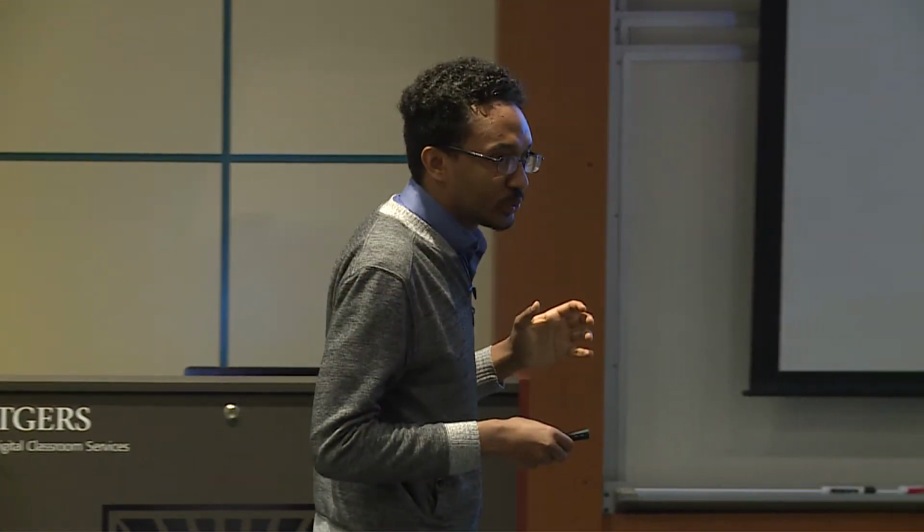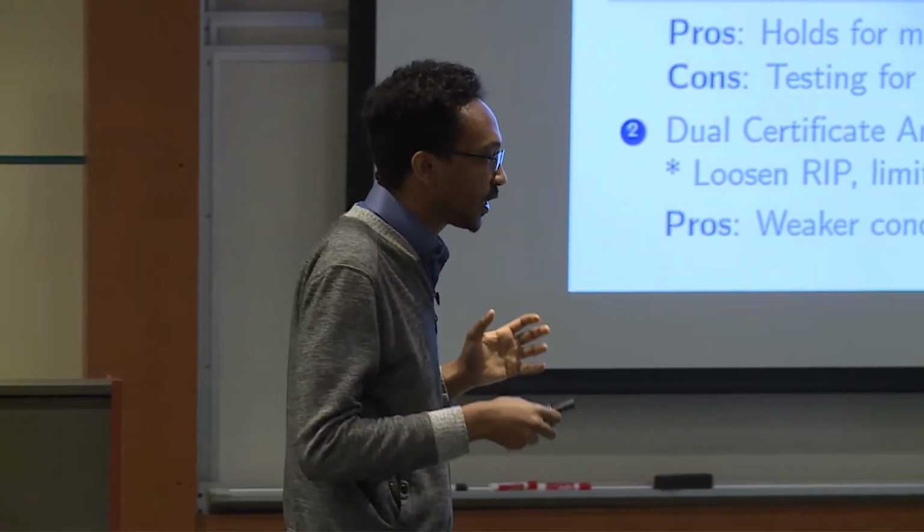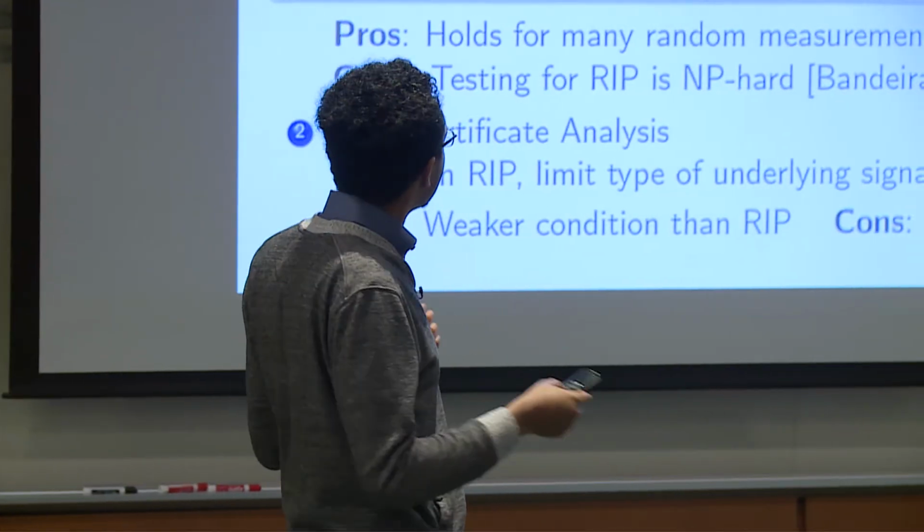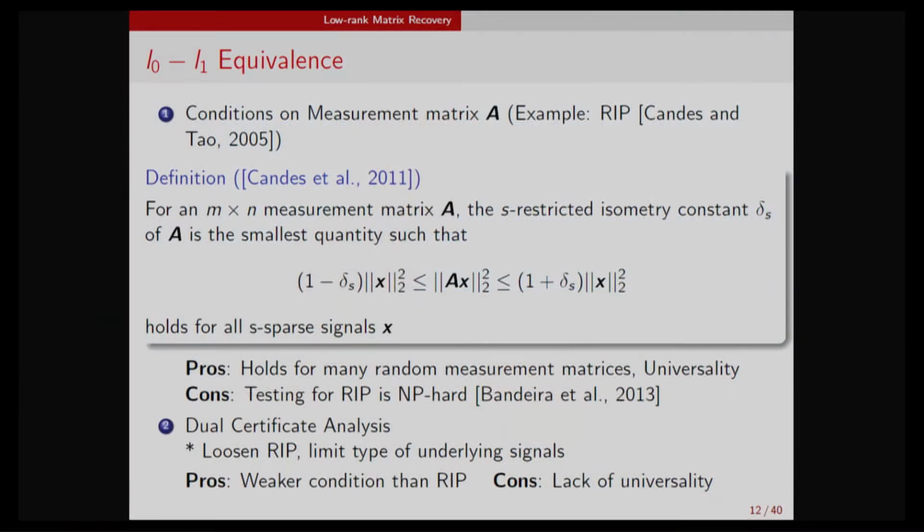I'm not going to go through the detail, but the idea to show this type of equivalence relies on two techniques. The first technique is you put some strong condition on the measurement matrix A, basically preventing non-sparse vectors from being in the null space. That condition is known as the restricted isometry property condition.